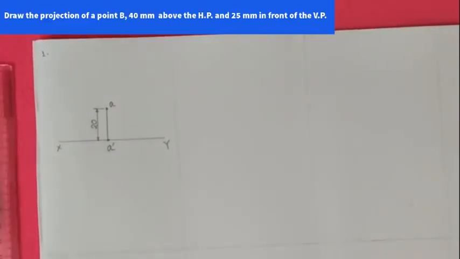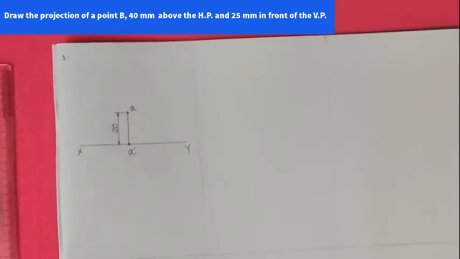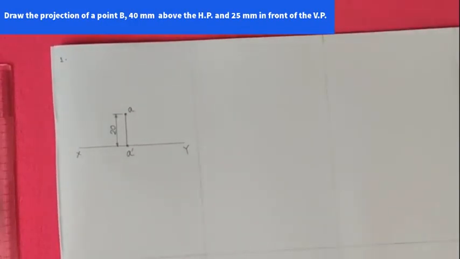Okay, let us start the second problem. Given a point B, 40 mm above the HP and 25 mm in front of the VP. That means in which quadrant?